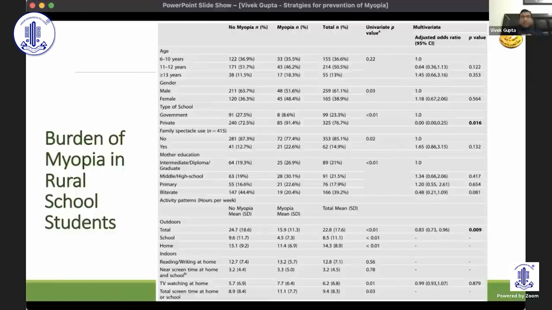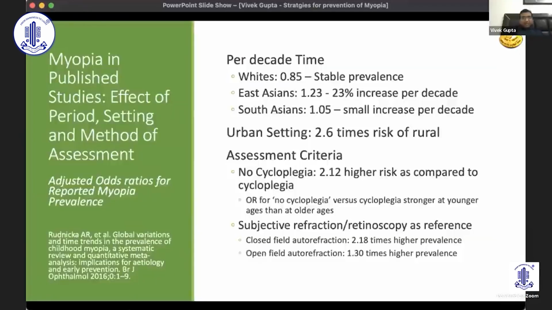Here we saw a very clear-cut, huge difference between government and private school children, and something is happening here that we need to investigate. But it is consistent with our global evidence that spending more time outdoors protects children from having prevalent myopia. This was a cross-sectional study.